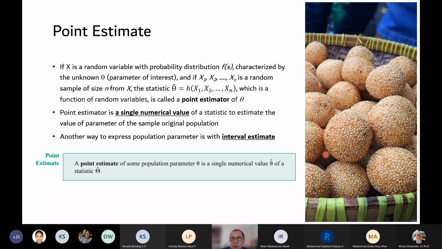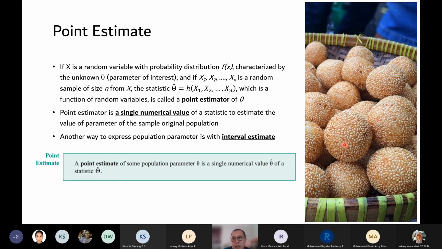When you give me just one number, you're providing me with a point estimate. Let's say that I give you a large number of onde-onde, 1,000 pieces, and only a limited amount of time to tell me the average mass of one piece.